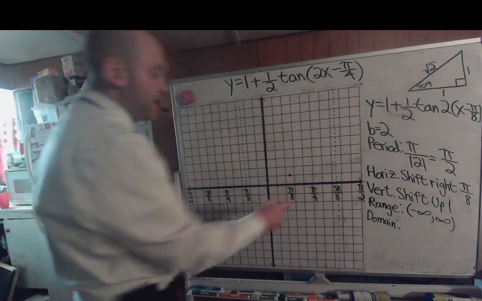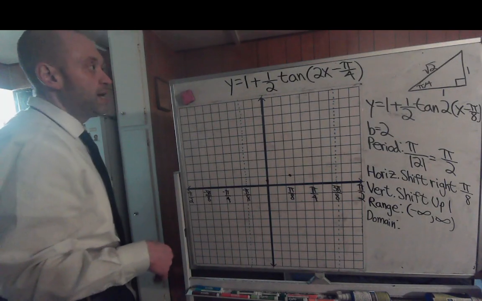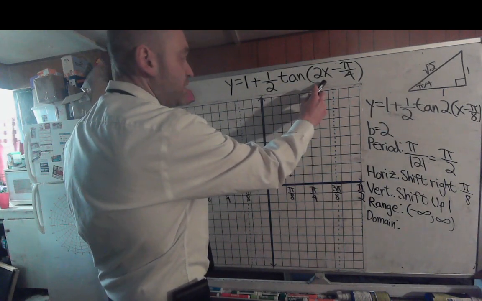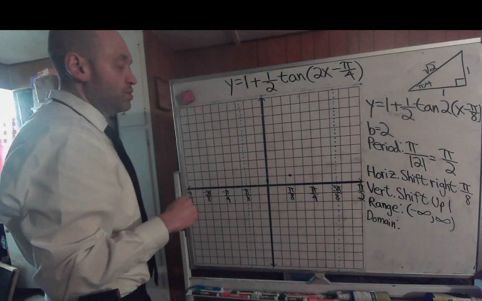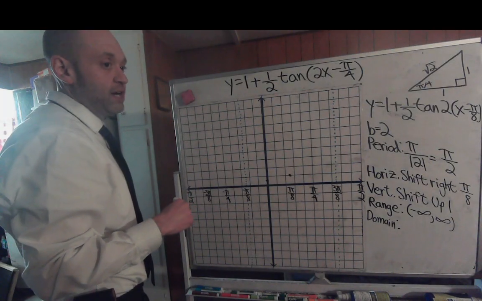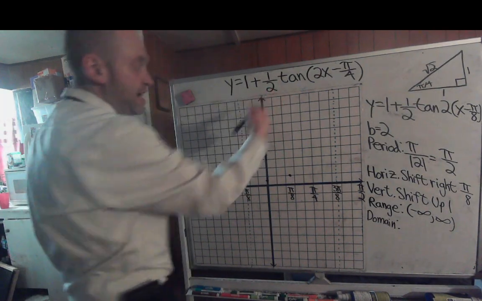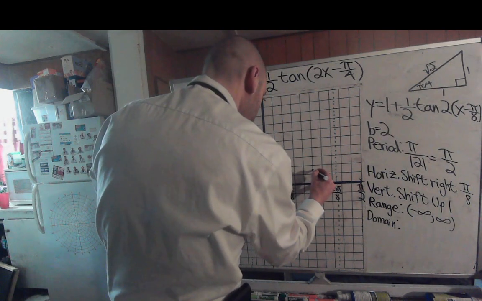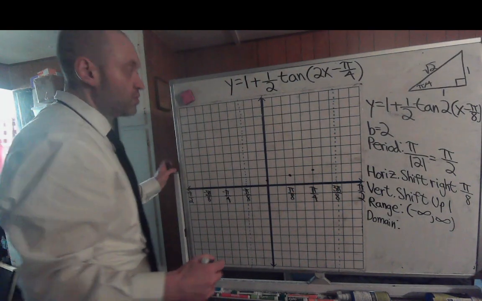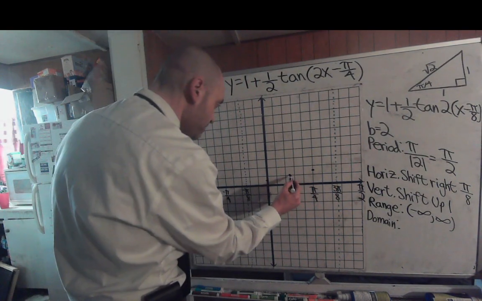Now, what about pi over 4? If I put in pi over 4, that would give me the tangent of pi over 2 minus pi over 4. So that would, of course, give me the tangent of pi over 4, which is 1, times a half is a half, plus 1, that'll put me at 1.5. Right here. So I've also vertically shrunk this graph.